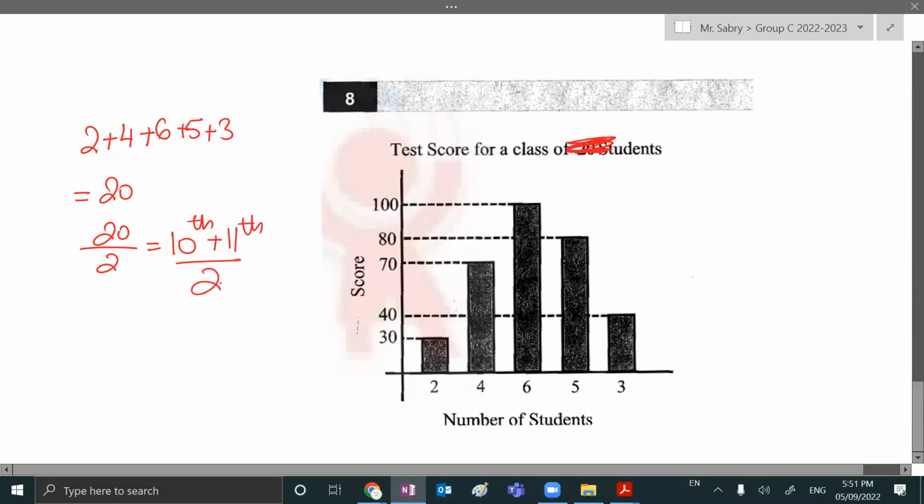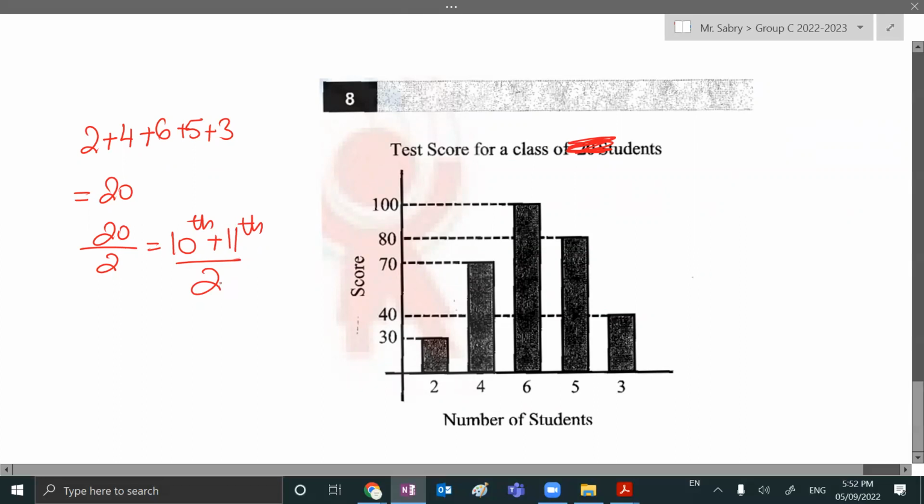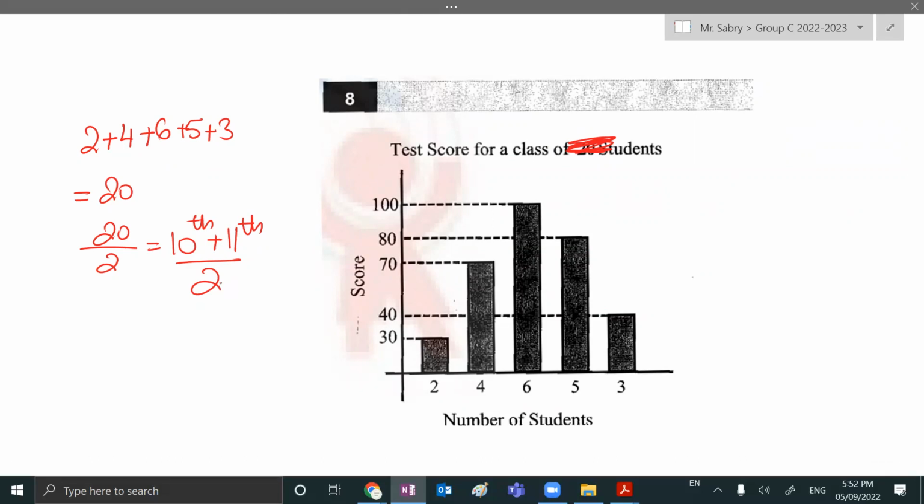Now, where's the 10th score? What's the 10th score? Is it the 6? How? Remember, which are the scores? I'm talking about the scores, not the number of students.